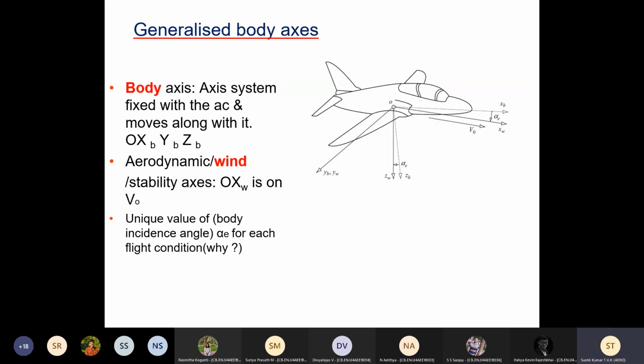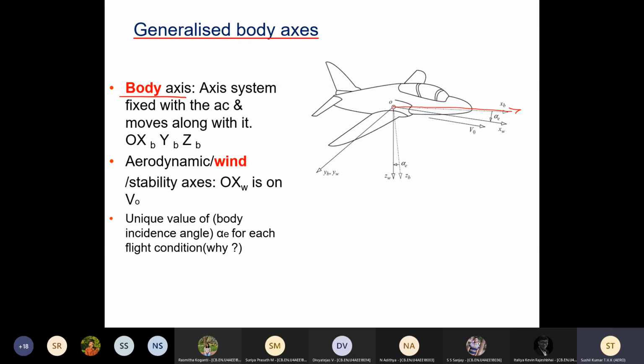Then comes the body axis. In body axis, as the name implies, it's an axis system which moves along with the aircraft. And so the conventional thing is X direction is pointing towards the nose. Origin, mostly it is taken as CG, not necessarily always, but just for convenience in this course at least it will be with respect to CG.